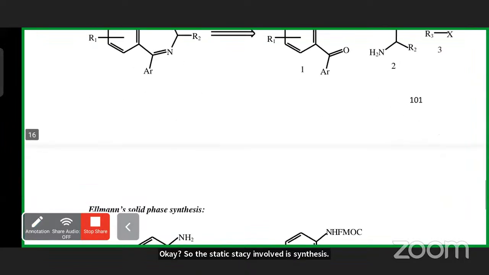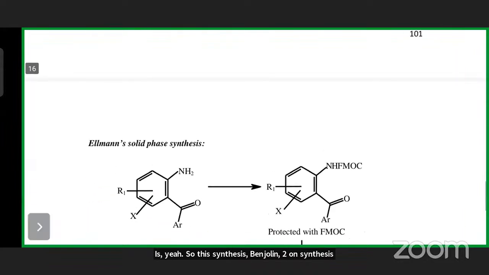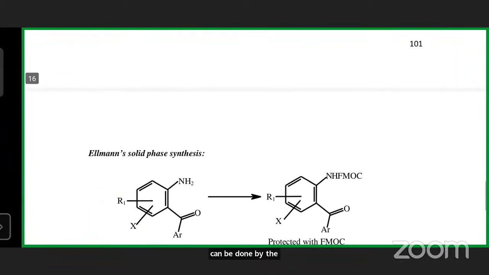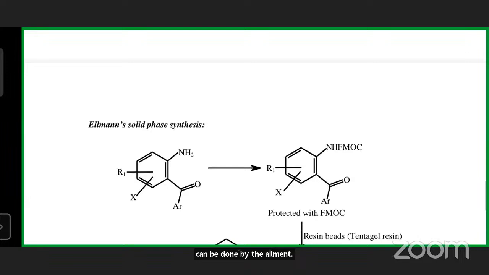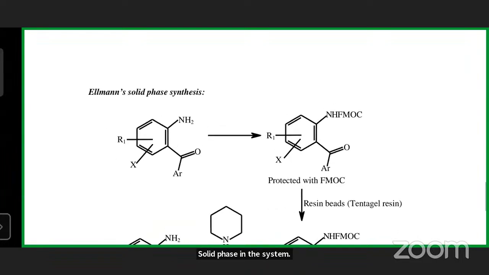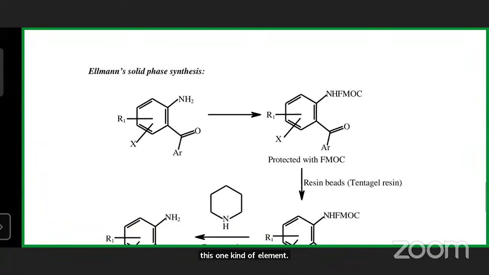is that this benzodiazepine-2-one synthesis can be done by solid phase synthesis. Solid phase synthesis is done on a bead, right? So on a bead, here, solid phase synthesis.